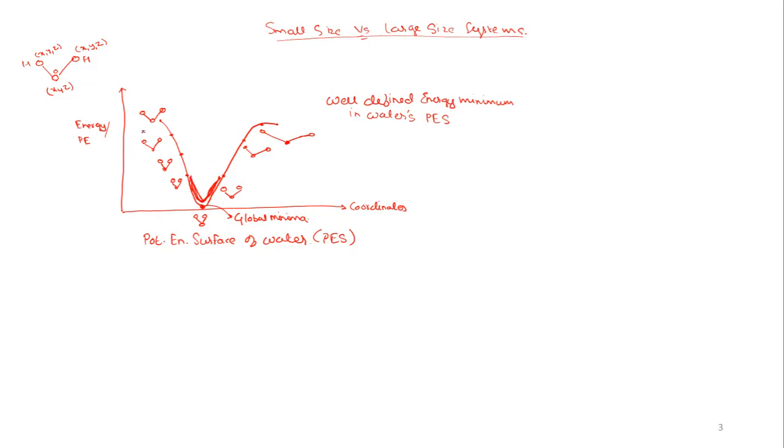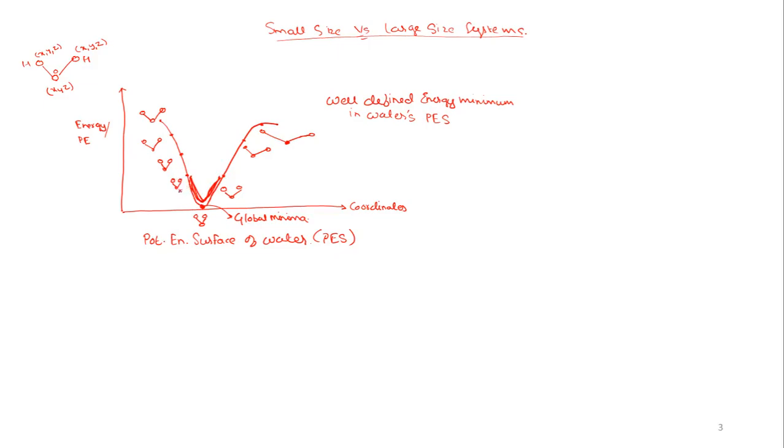Very little of the time would the structure of the water molecule appear something like this, or something like this. Most of the time your water molecule will have a conformation located in this particular region of your potential energy surface, right? So this is what we can infer from such potential energy surfaces.